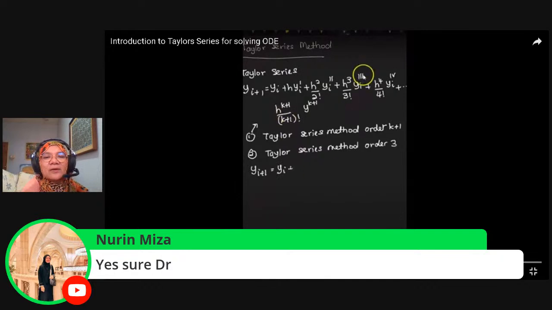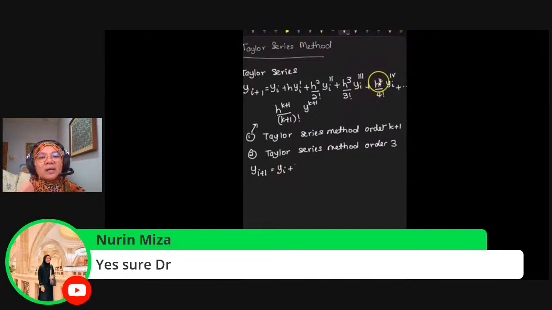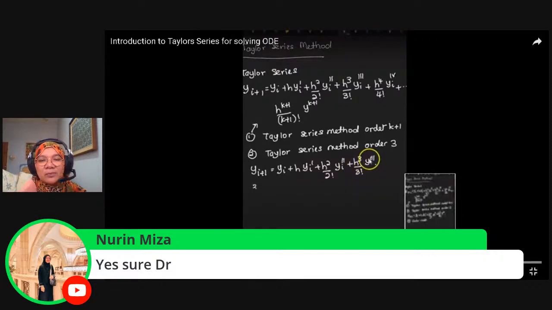You can solve using Taylor series order k plus 1, or Taylor series order 3. We focus on Taylor series order 3 because, for numerical work, we try to go for the higher order, and then we try to solve the ODE in 15 minutes. We are quite familiar with this equation.